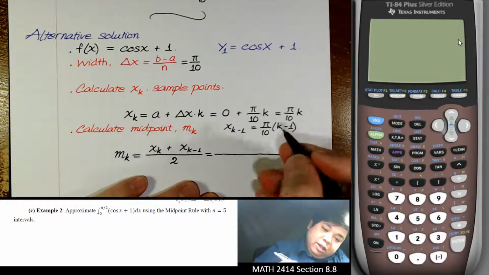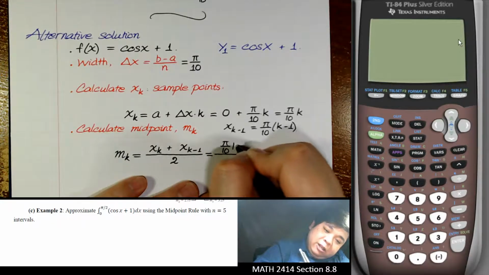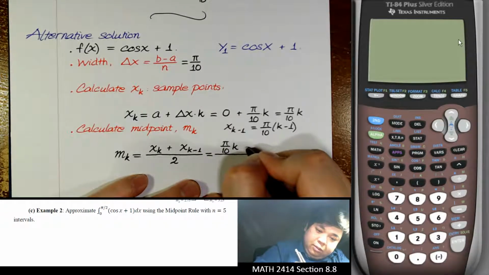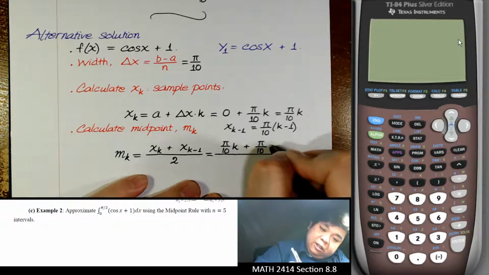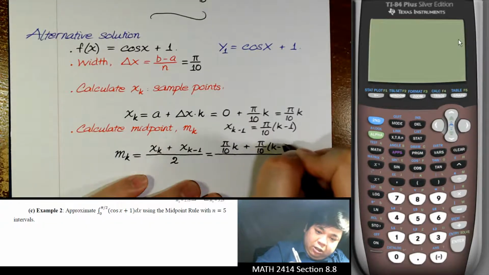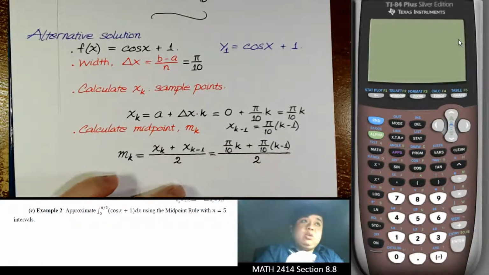So pi over 10 times k plus pi over 10 times k minus 1 divided by 2. And we're just going to leave it like this.